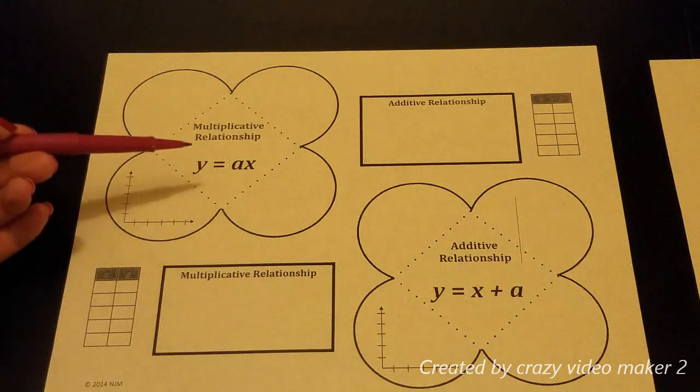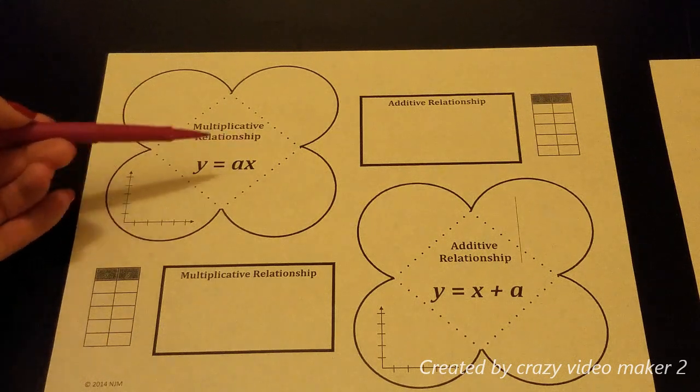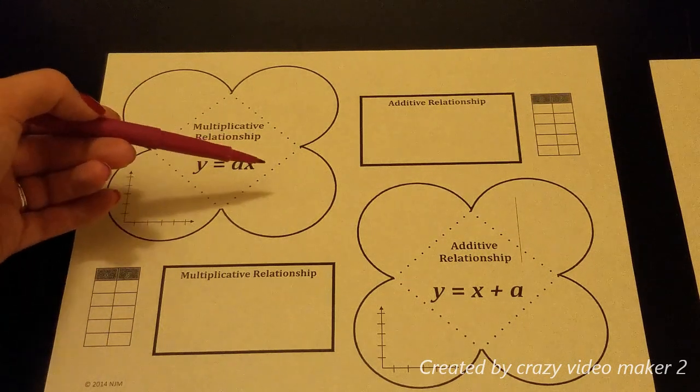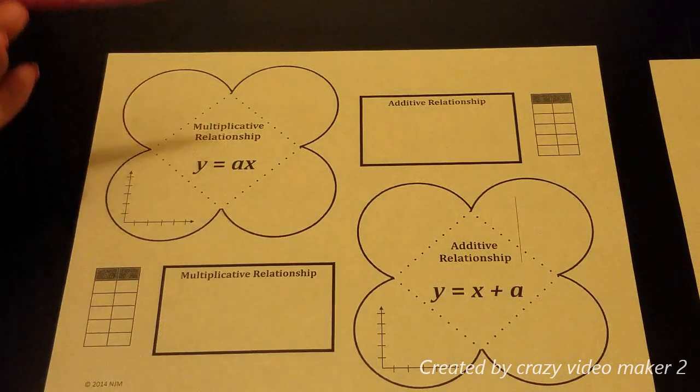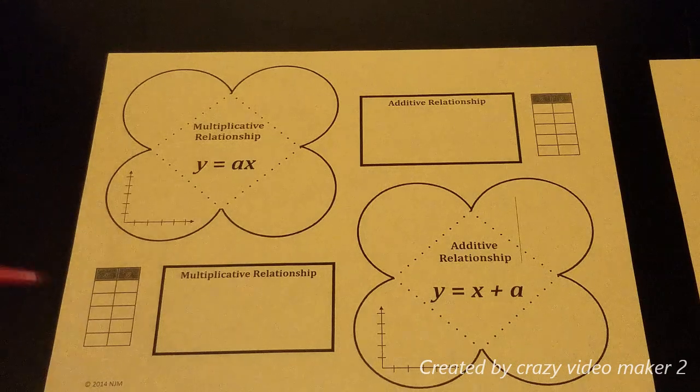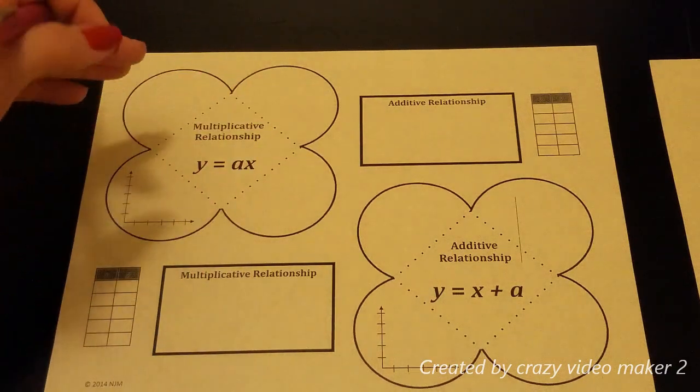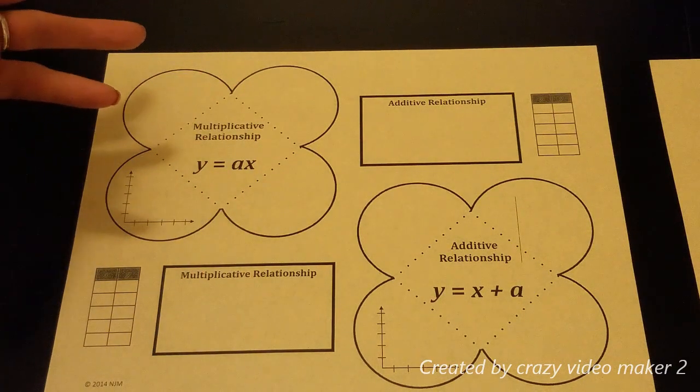So you could have y equals 2x, which means y equals 2 times x. Or y equals 100x. Basically, you're taking your x value, multiplying it by the same number every time, and you're getting out that y value. So that's multiplicative. Multiplying, that's why it's called multiplicative.